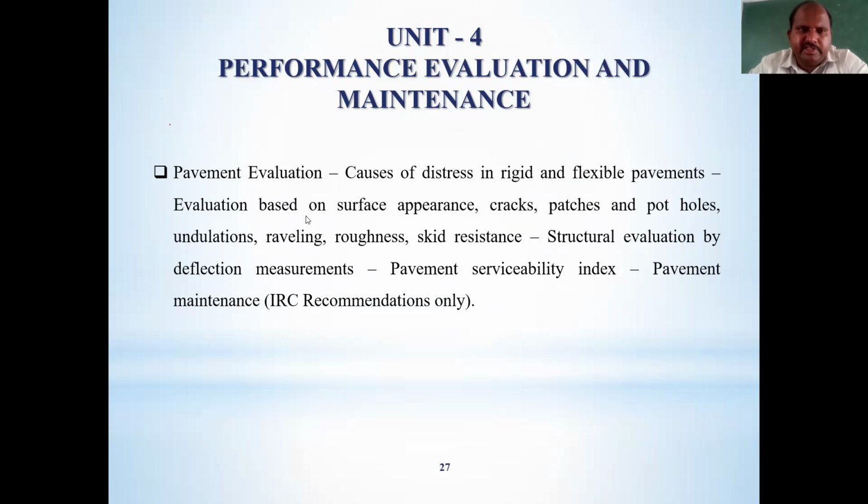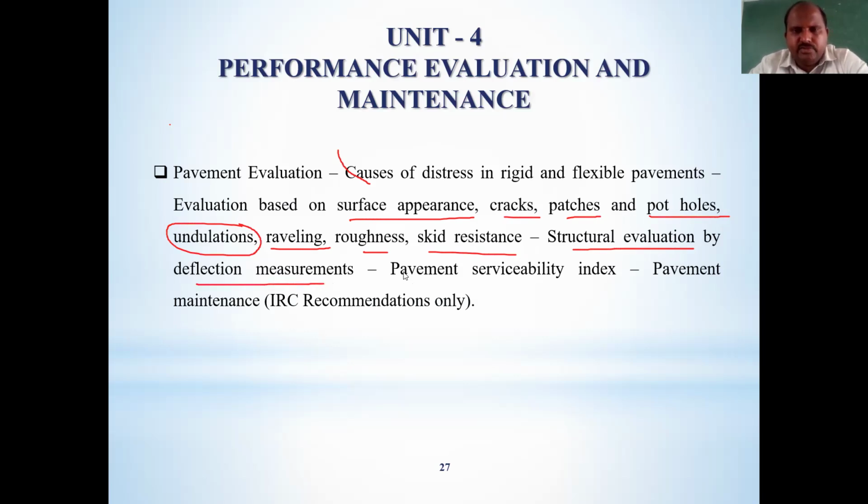In that unit, we are seeing about the pavement evaluation and the causes of distress in the flexible pavement, and also evaluation based on the surface appearance, cracks, patches, and potholes, and also we are seeing about the undulations, raveling, roughness, skid resistance, and structural evaluation by deflection measurement, and also the pavement serviceability index, that is PSI, and also what are the maintenance measures in the IRC recommendation.